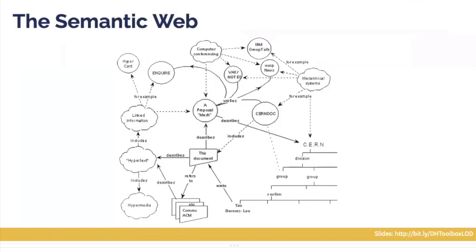This is a cliched and famous drawing of Tim Berners-Lee pointing out not just that it would be worth having HTML, which I think he's most famous for, but also having this kind of structure under the hood that lets us declare the relationships between objects, people, places, things, and concepts that could drive some of this more sophisticated search and let us infer some interesting connections.